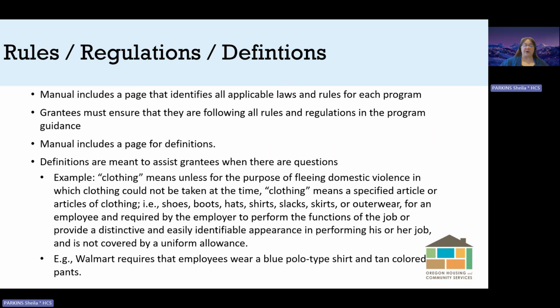For example, Walmart requires that employees wear a blue polo type shirt and tan colored pants. If a client has obtained a job at Walmart and is unable to purchase such clothing, EHAP General Fund could be used to assist a client with that purchase.